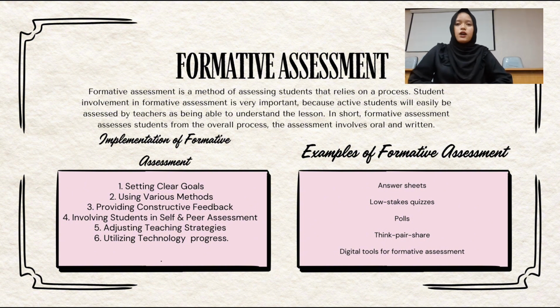And the third, providing constructive feedback, specific comments that help students understand their strengths and areas for improvement. And the fourth is involving students in self and peer assessment, using rubrics for self-reflection and peer assessment to enhance critical awareness. And the next is adjusting teaching strategies.